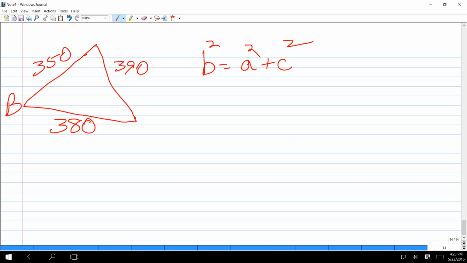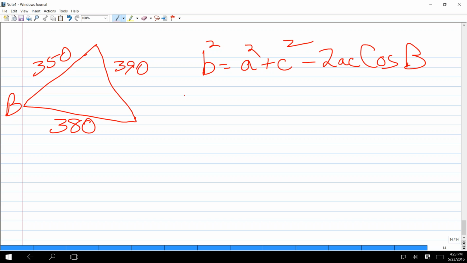In other words, one side squared is equal to the other two sides squared, right? Minus 2AC. There you go. Cosine. It's called the law of cosines, so it's got to be cosine. What angle? B. Okay. Now fill in.